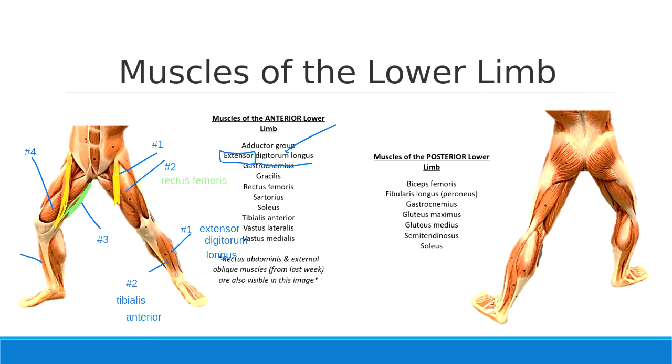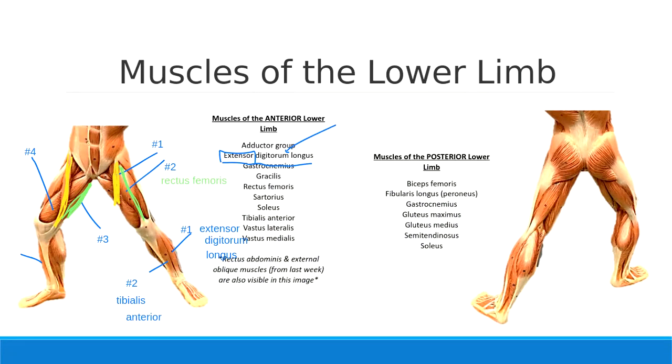That word rectus means that it's parallel to a region. So this muscle runs straight up and down on your thigh region here. It attaches to the top, attaches down at the bottom. Rectus femoris. Vastus lateralis is on the lateral side of this muscle. Vastus medialis is the one on the medial side.